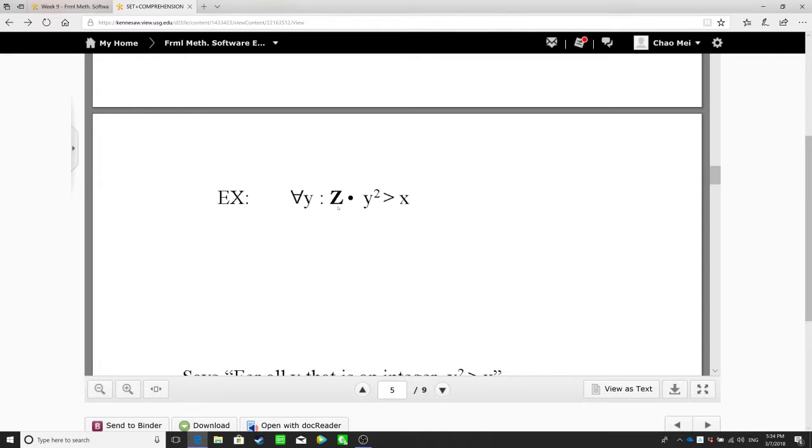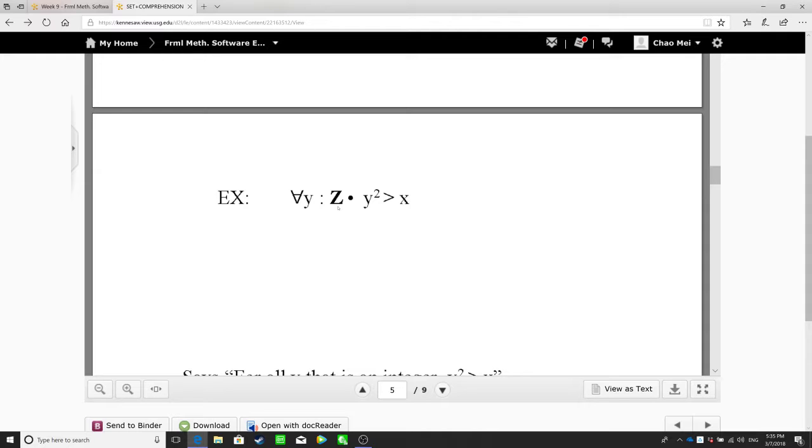If x is 0, y is 0. No, 0 is also an integer. So this whole thing is wrong, because you cannot find any x which meets this condition here, right?